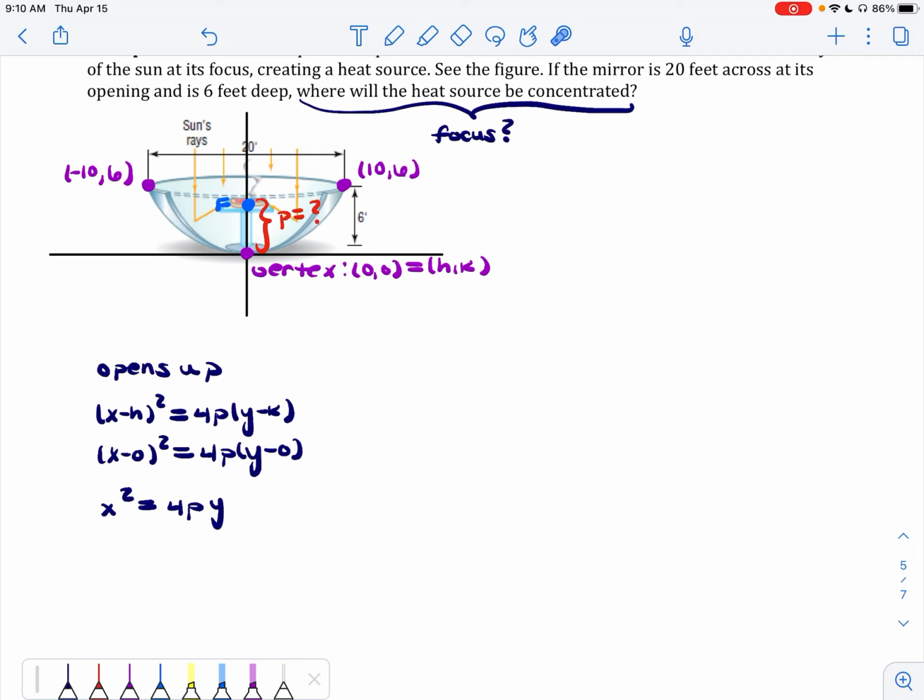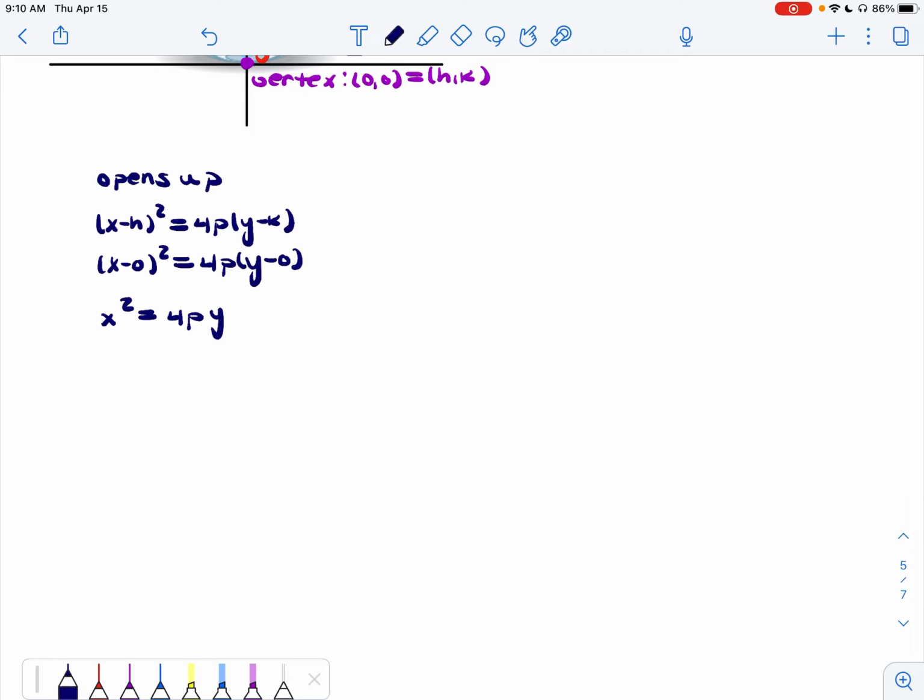So if we plug in a point for our x and y, we'll be able to solve for p and figure out the location of that focus. I'll just choose (10, 6). It doesn't make any difference. You could plug in (-10, 6) if you want to solve for p.